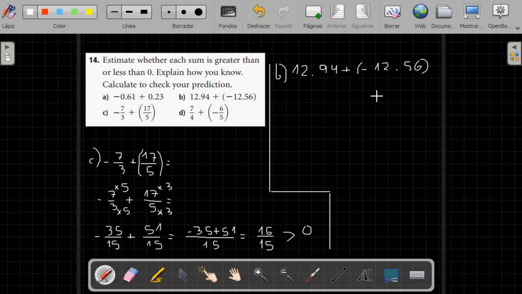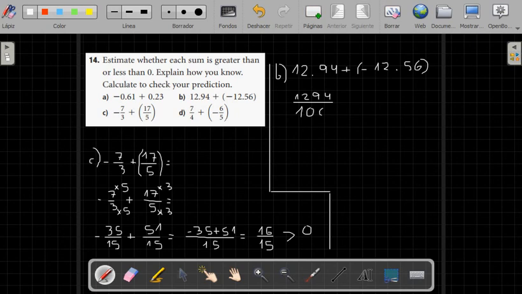Lo que me gusta que siempre hagan en este tipo de ejercicios, ya que estamos con racionales, es transformar esos decimales en fracción. How do we do that? We write all the digits, escribimos todos los dígitos without a point, and we write a 1 with so many zeros as decimals has the original numbers.